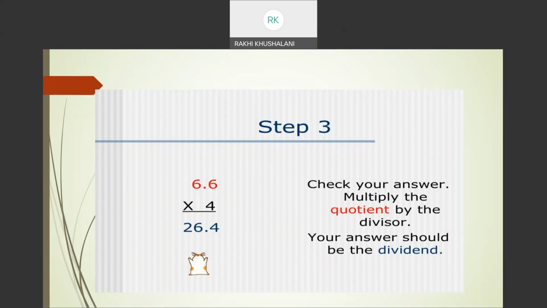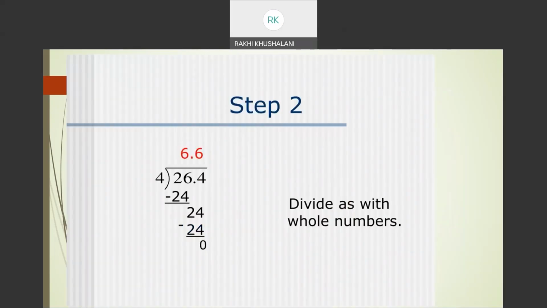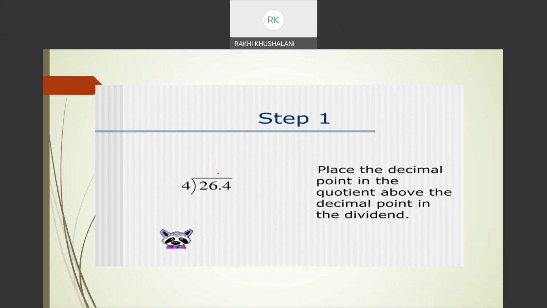Now the number of decimal places is 1. So you put your decimal point 1 place before, that is moving from right to left. I got my dividend as 26.4. That means my answer, that is 6.6, my quotient, is absolutely correct.